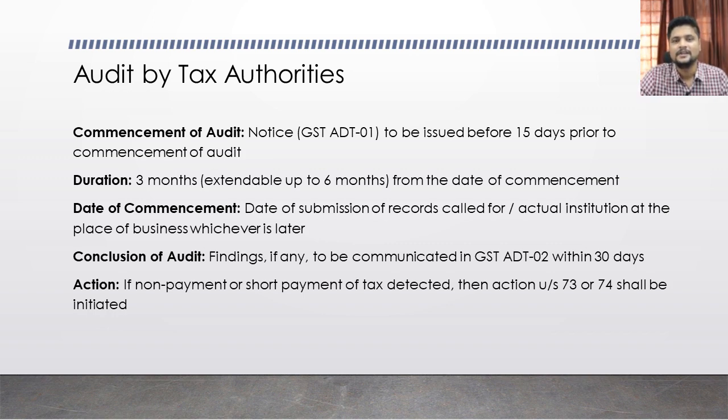Second is if the tax authorities visit the premises of the taxpayer for the purpose of conducting the audit, then the date of that visit. Whichever of these two is later is taken as the date of commencement of audit.